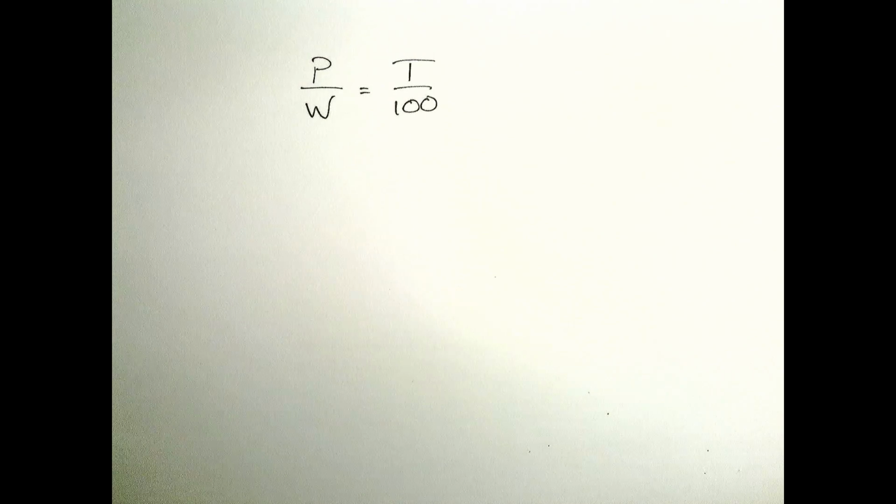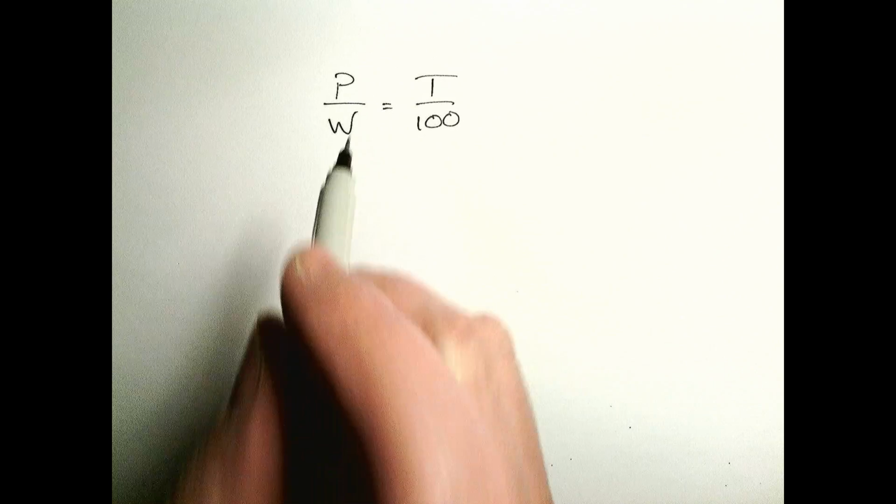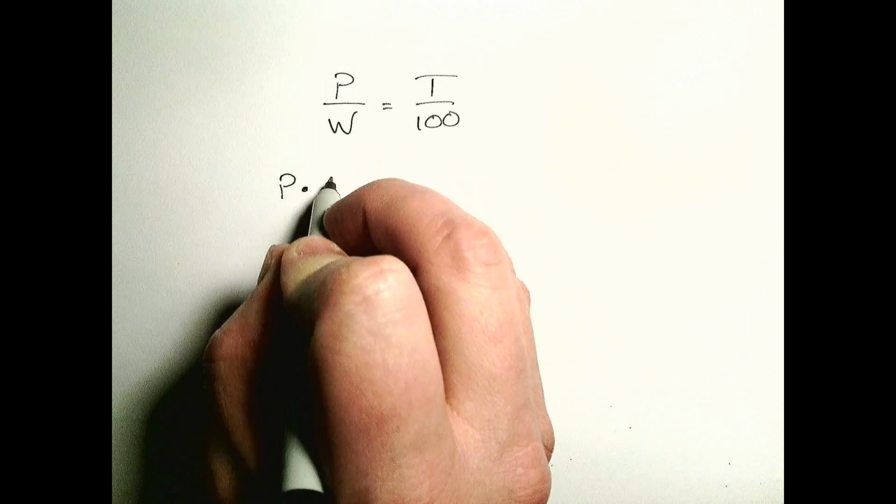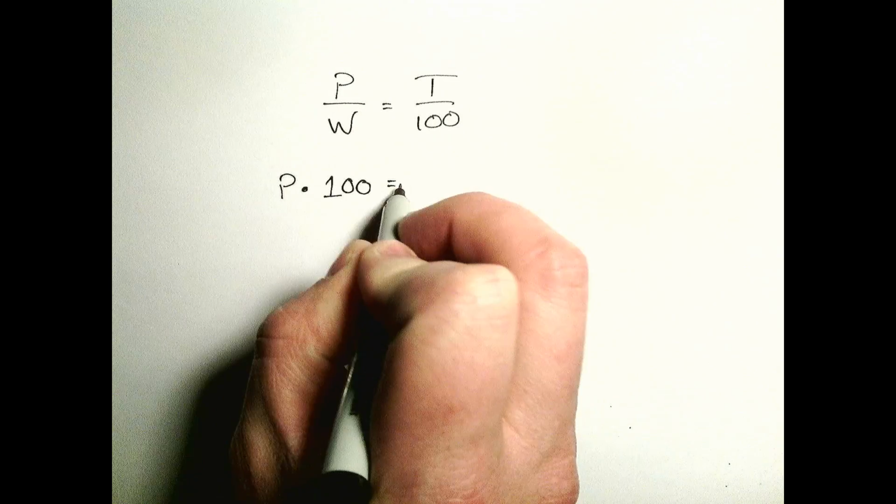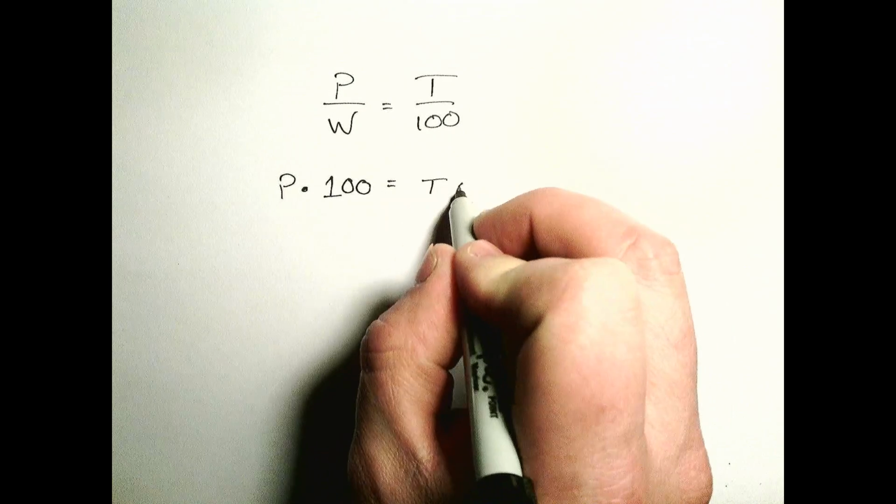You need an equation for part, an equation for whole, and an equation for percent. We found one equation. You need 3 of them. So we'll start with this. We find the cross product: P times 100 equals T times W.